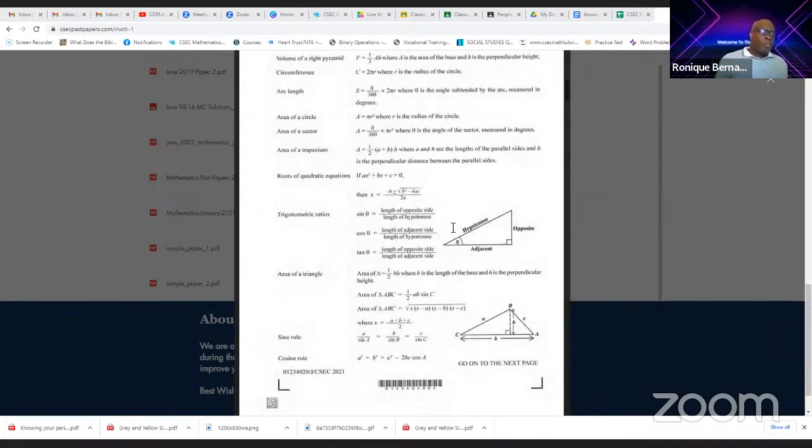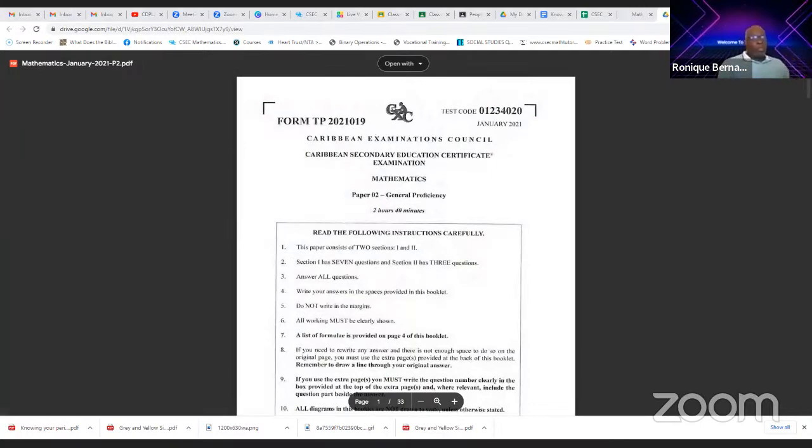Now, let us look at sine theta. All right, look at sine theta. So if we can make this bigger. So here we are.